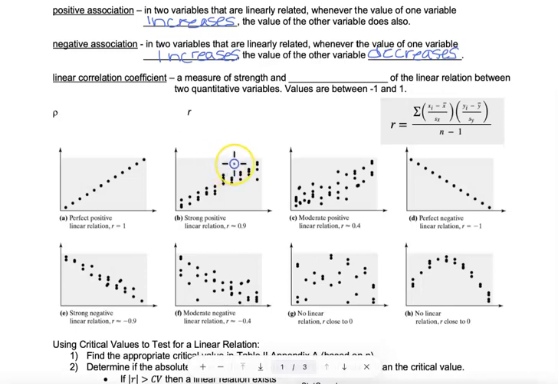Speaking of linear relationship, we measure that with the linear correlation coefficient, and that is a measure of strength and direction. It tells us two things: the direction of the linear relation and the strength of it.